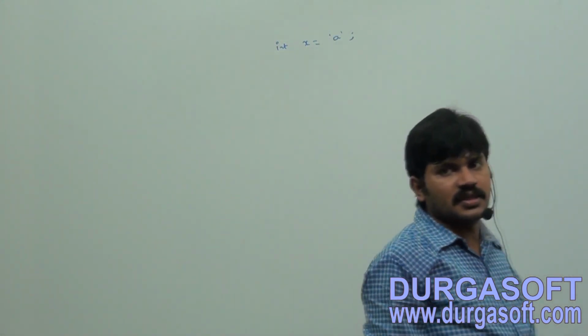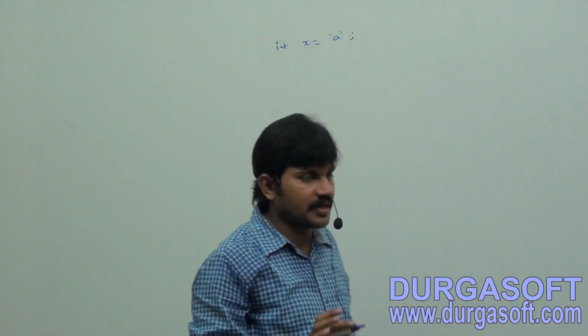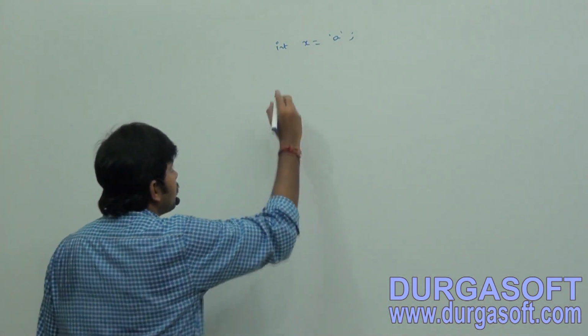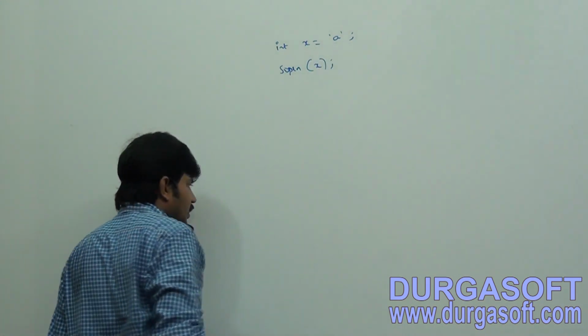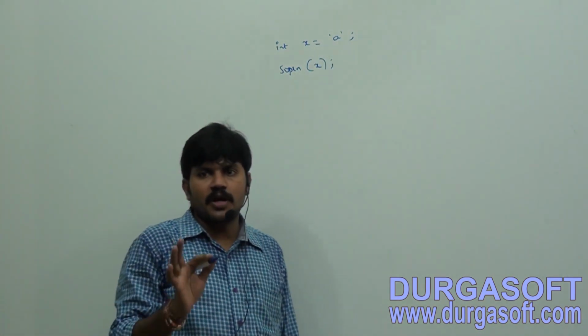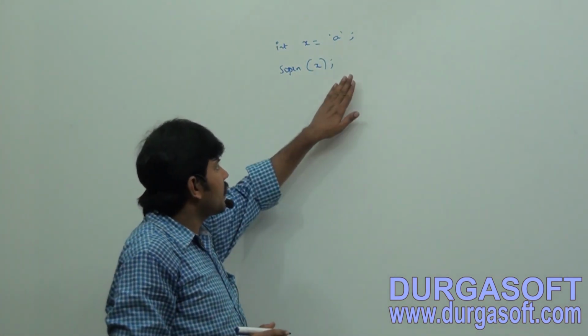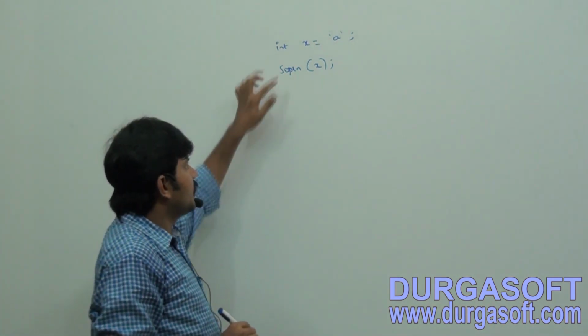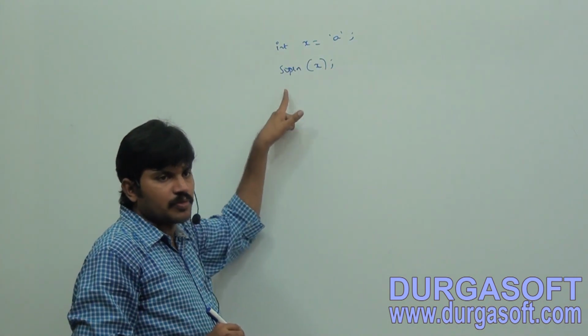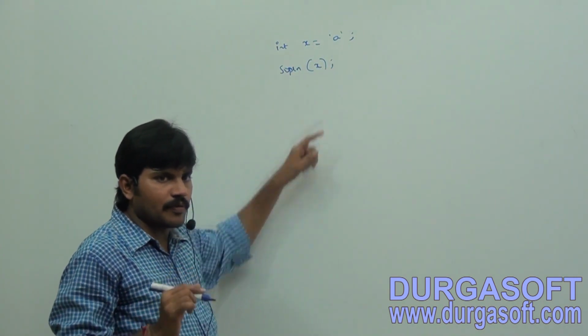Listen, int x is equal to 'a'. If I take System.out.println of x, can you tell what is the output we will get? int x is equal to 'a', SOP of x. What is the output we will get now?